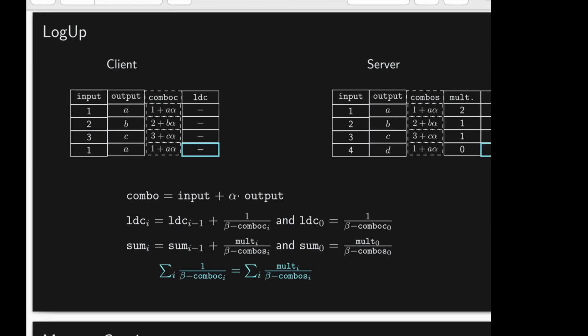And the point is that in the last cell, these columns have to agree. If you want to convince yourself that they really do agree, you just multiply left and right hand sides by the product of all denominators, and you'll see that they do have to agree.